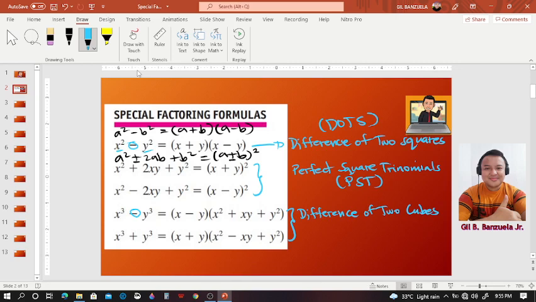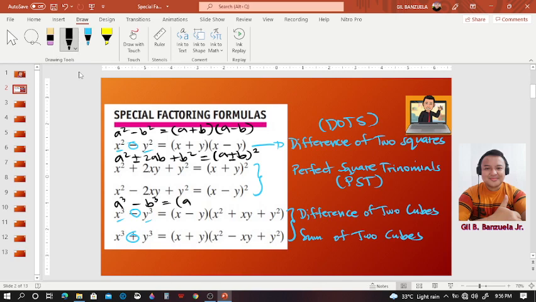And we have sum of two cubes. So basically, kapag nakita natin na perfect cube yung first element natin and second element, so some books use a cube minus b cube. So don't be confused, the same lang yan.